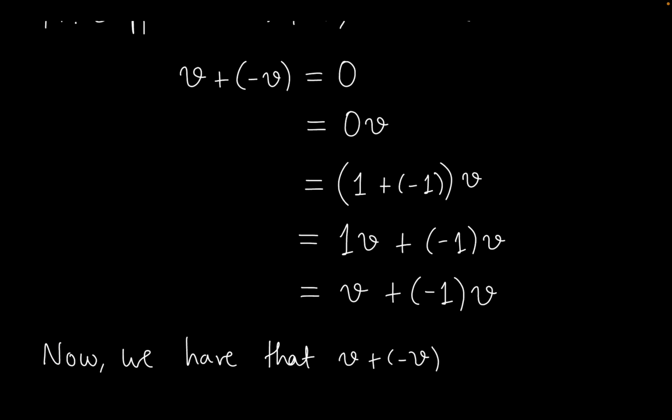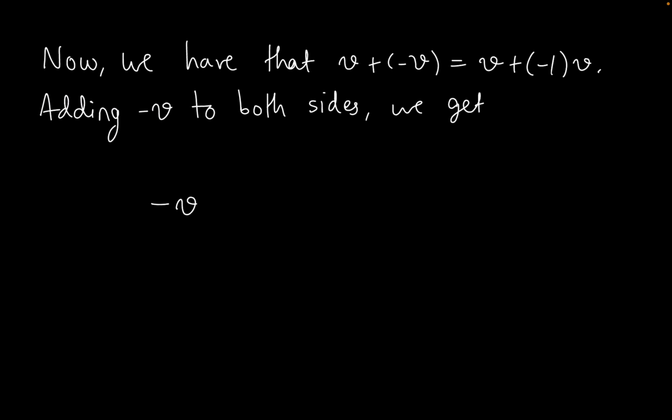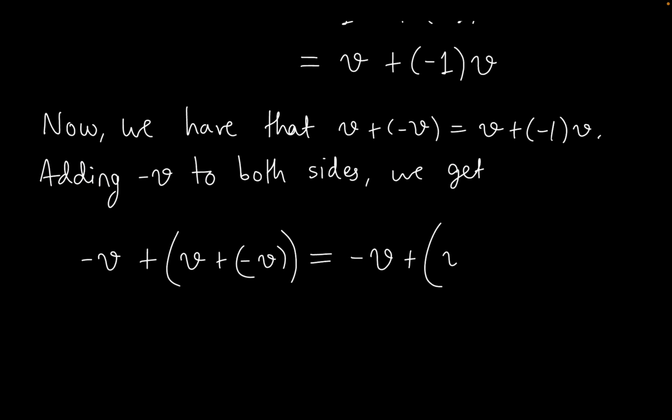v plus -v is equal to v plus the scalar -1 times v. Adding the vector -v, which is the additive inverse of v, to both sides, we get -v plus (v plus -v) is equal to -v plus (v plus -1v).